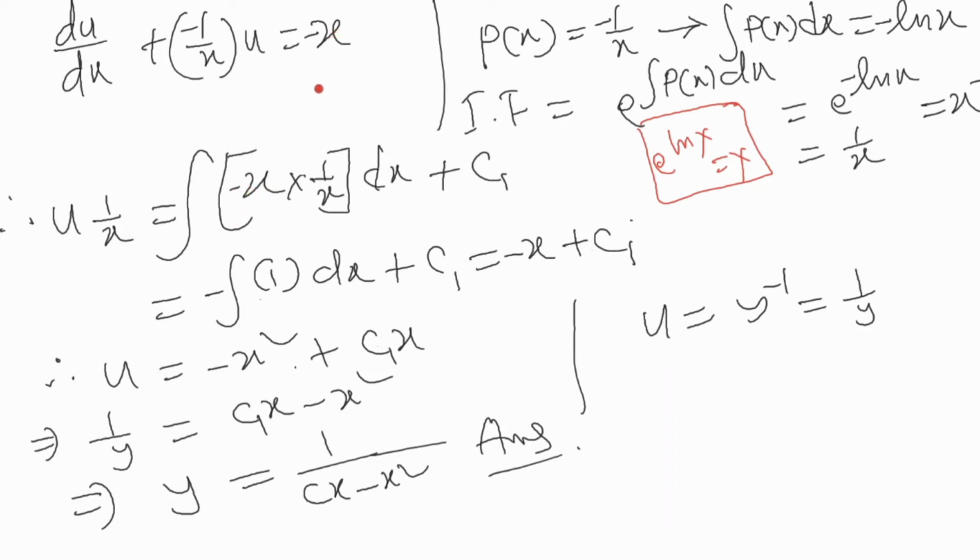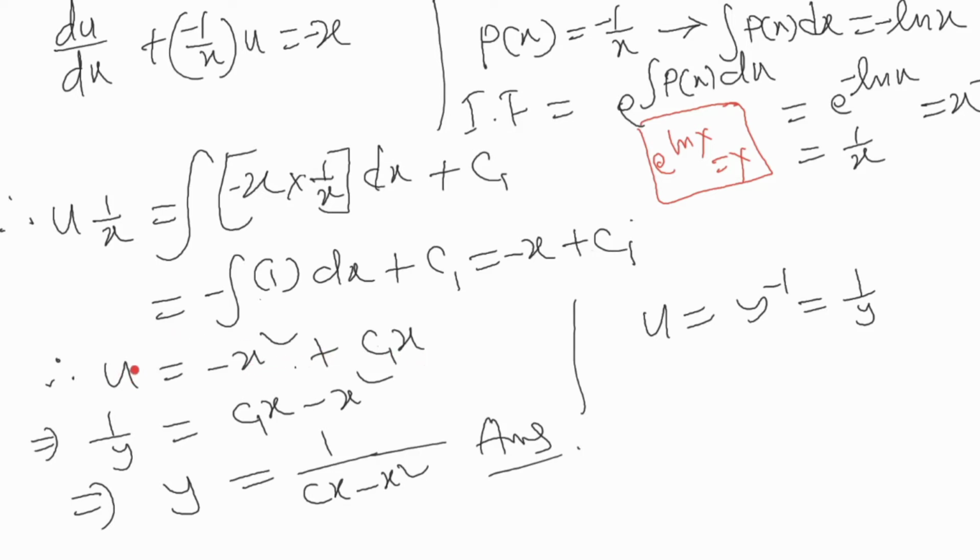Here the function of x is -x times the integrating factor. So when we simplify -x times 1/x, we get the integral of -1 dx plus c1. When we integrate this, we get -x + c1. So finally we get u times 1/x equals -x + c1. Now u equals -x^2 + c1 x.